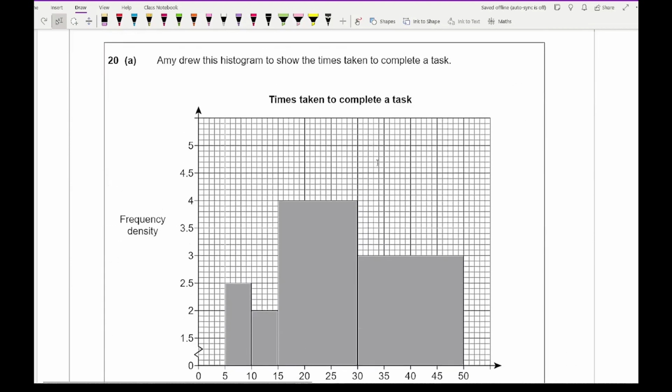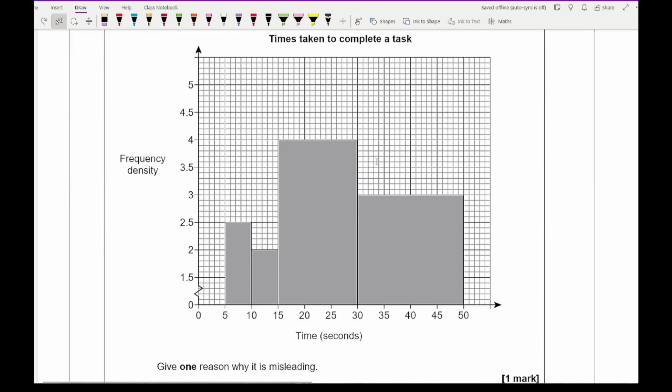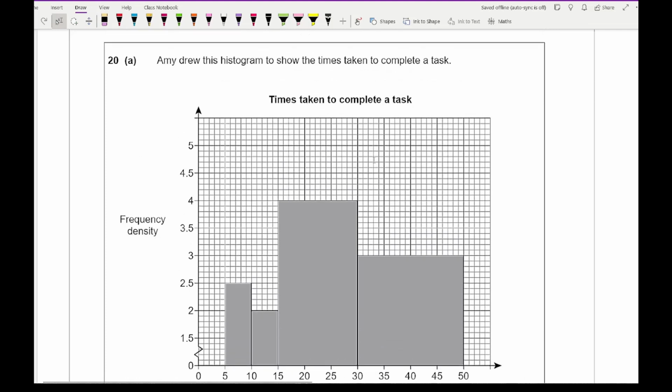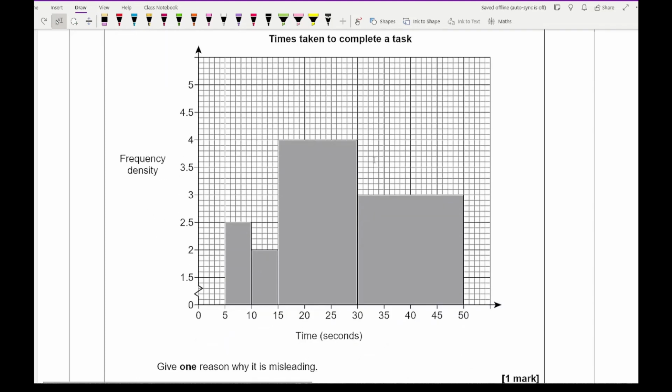Then moving on to question 20, it says that Amy drew a histogram to show the time taken to complete a task, and the question is asking us to give one reason why it is misleading. So a couple of things you could say as to why it's potentially misleading. I would say the most common one for part a is going to be the fact that the axis is broken, so we've got a broken axis in terms of the frequency density.